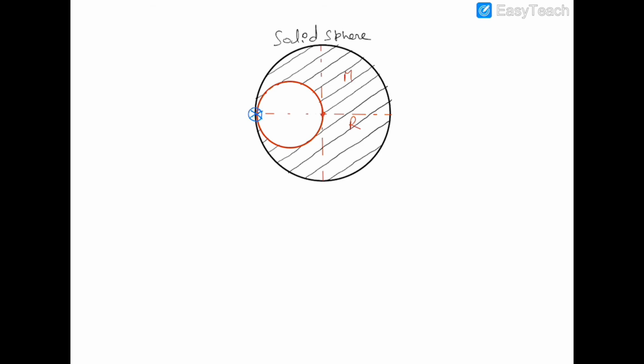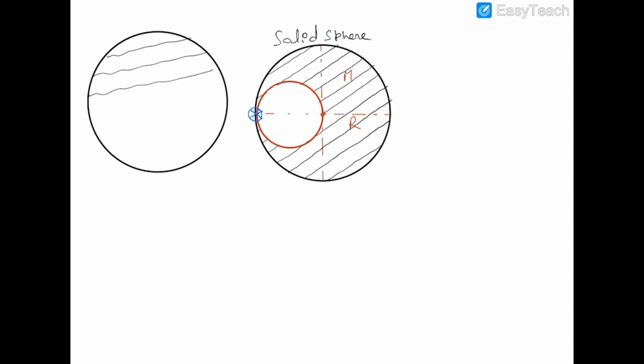Now we know the bigger sphere, out of which this smaller one is removed, so this is that bigger sphere, and let us assume its mass is m dash, and its radius is r, and this is the axis of rotation passing through this point.